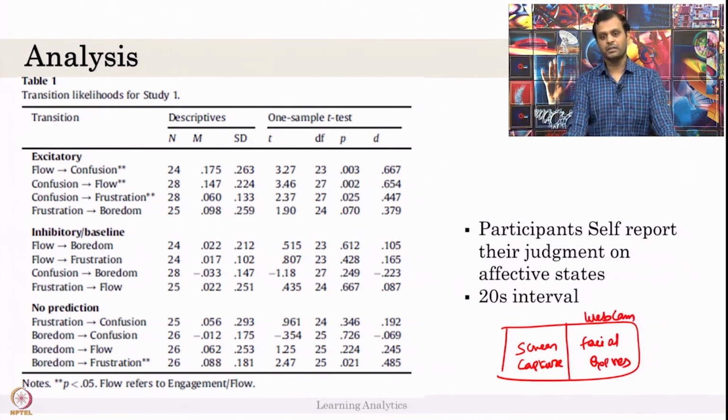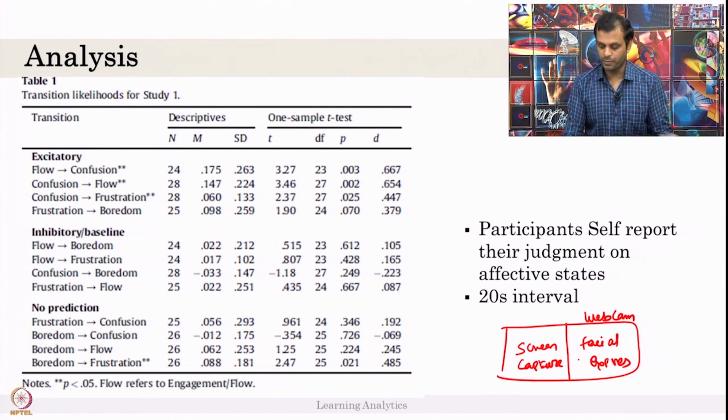Now, if a student interacted with the system for say 30 minutes, you pick 20 intervals of time, if you want to detect 20 instances of emotions. So, at every 1.5 minutes, or every 90 seconds, you pause the video and show 5 seconds of screen capture and the facial expressions.